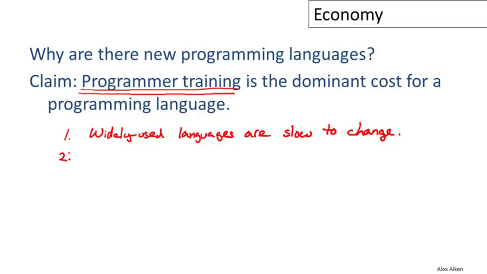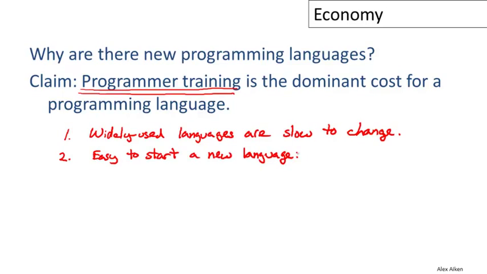Now, at the other end of the spectrum, this same observation makes what appears to be a contradictory prediction, which is that it's easy to start a new language. That in fact the cost of starting up a new language is very low. And why is that? Well, because you start with 0 users.